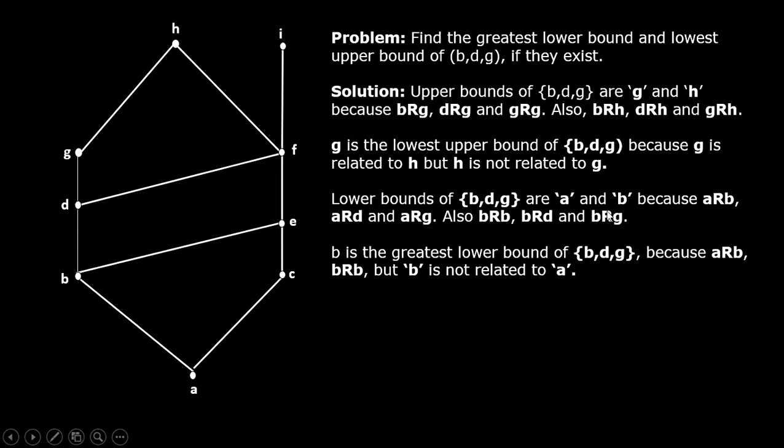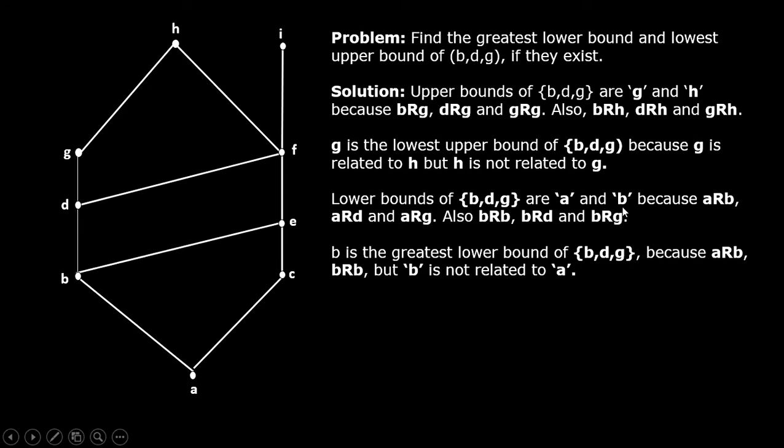So I can clearly see B is one such element in the set L. Set L consists of elements A and B. So B is that element to which A is related, and of course B is related to itself. So I have to find such an arbitrary element to which all other remaining elements of the set L are related.